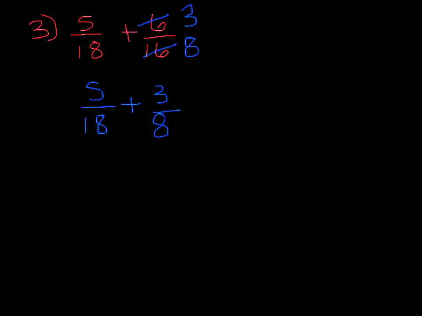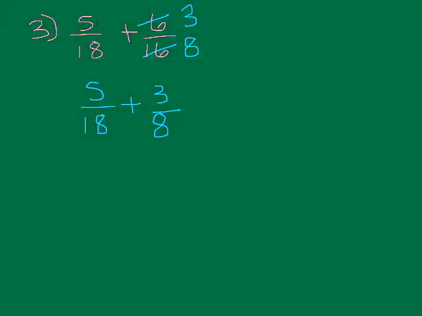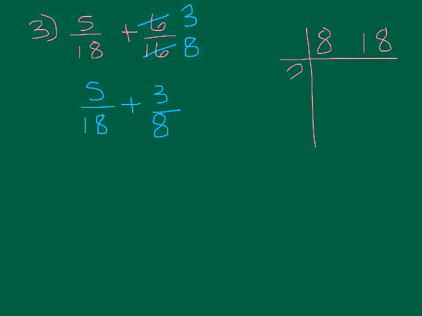Now, let's look for a common denominator. The common denominator of 8 and 18. We make the table and we say, let's divide these two by 2. So we say 8 into 2, 4. 18 into 2, 9.